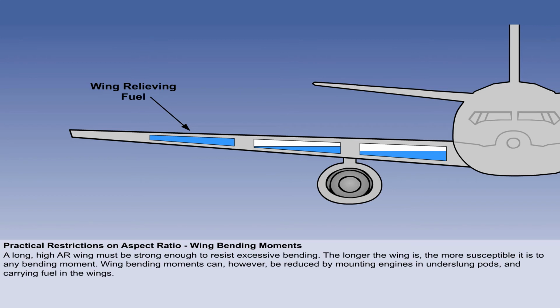Wing bending moments can, however, be reduced by mounting engines in underslung pods and carrying fuel in the wings. Some aircraft have to keep a certain amount more fuel in their outboard tanks than in the inboard tanks, known as wing relieving fuel, to reduce the wing bending moment. The weight of the fuel counters the upward force of lift from the outer wing.